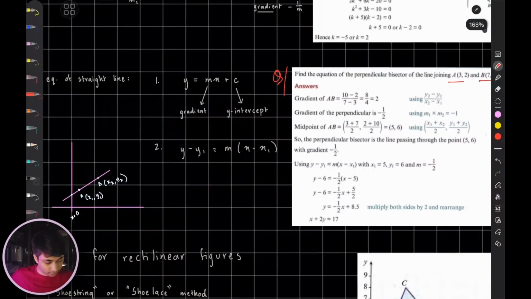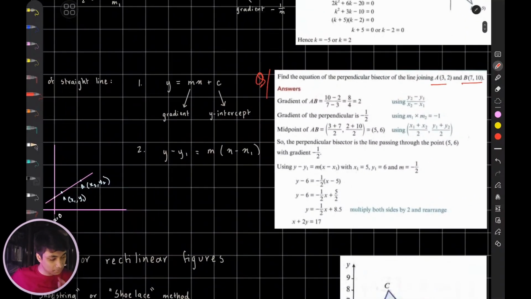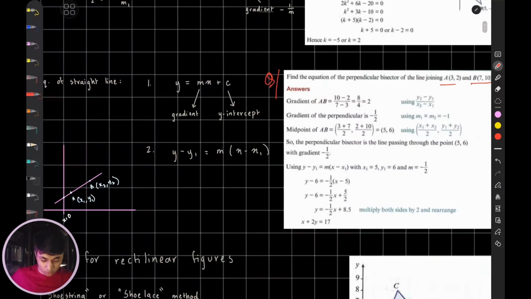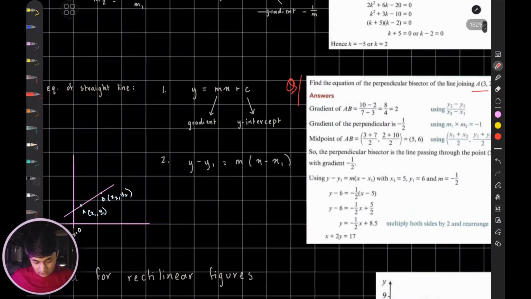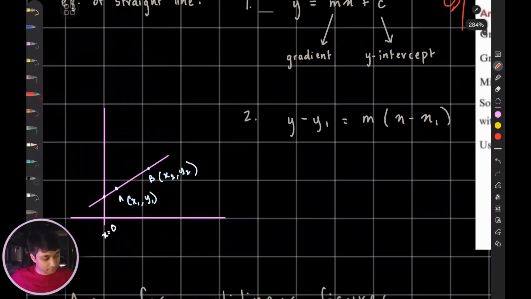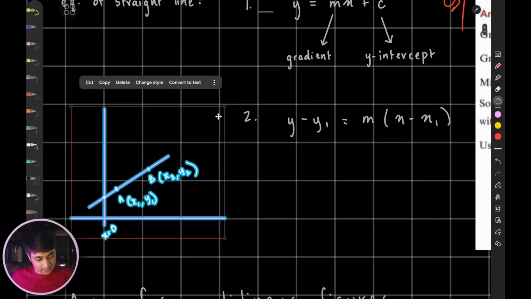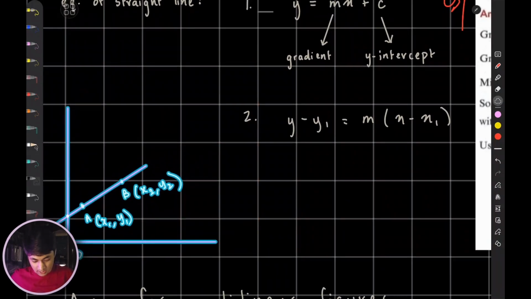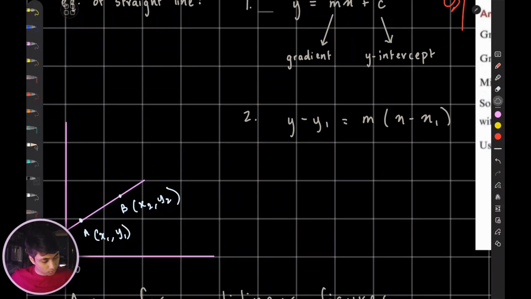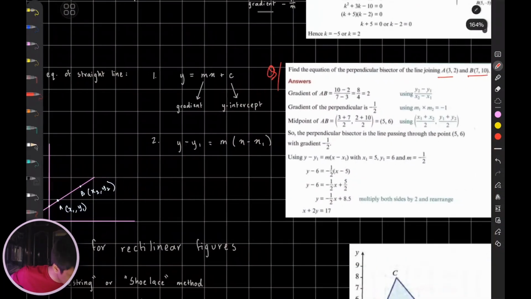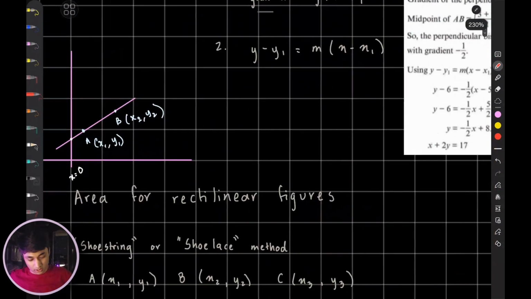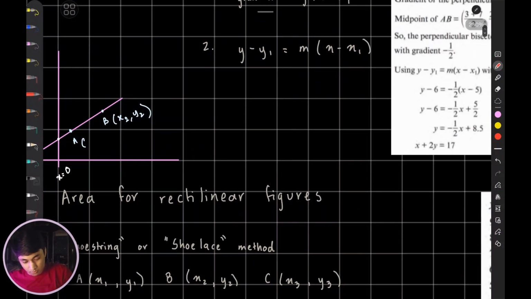That is, they've given you the coordinates for A and B. A is going to be 3 and 2. So let's say this is x1 and y1, which in this case is 3 and 2.